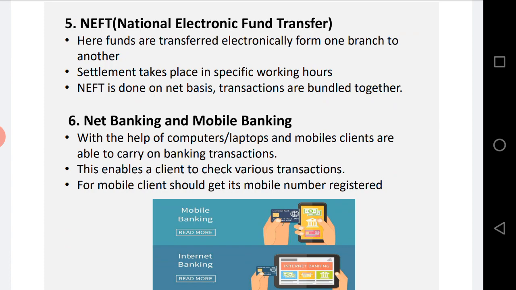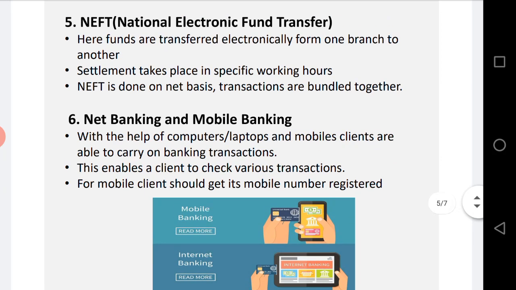Next is net banking and mobile banking. We all are very familiar with this. With net banking, with the help of computers and laptops, clients are able to carry out banking transactions, and it enables a client to do various transactions. It means instead of going to the bank physically, you can do this even sitting at home by using your laptops or your mobile phones.